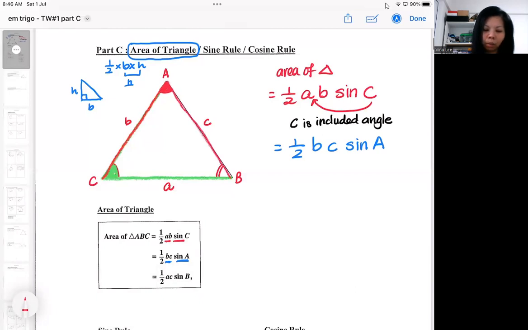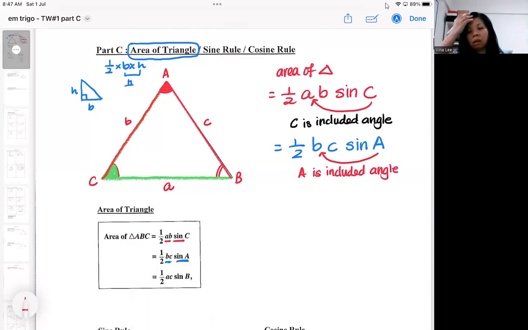So b and c wrap the angle, or rather A is in between the two lengths. So A is the included angle. The condition for this formula is that you must use an included angle. You cannot be using any two sides or any random angle in the triangle. You specifically have to use the angle that's in between the two lengths.